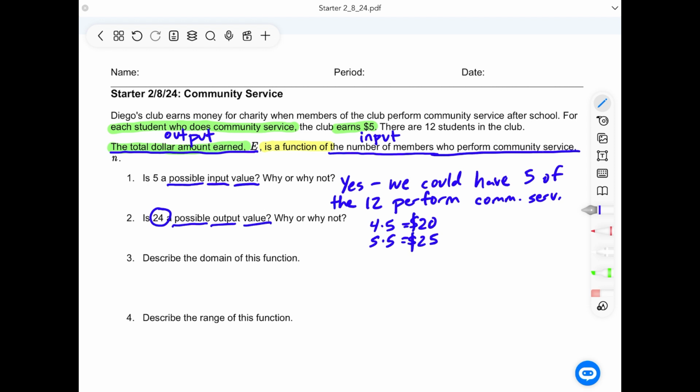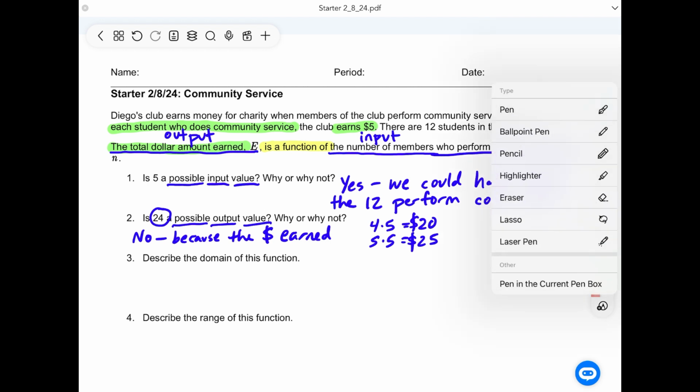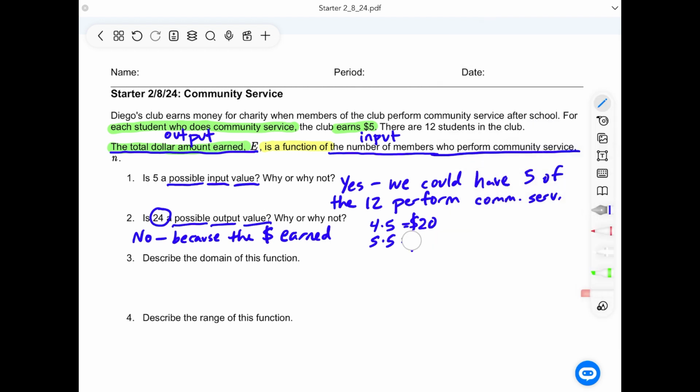There's no way I can use $5 increments and get to 24. So we're going to say in this problem, no, 24 is not a possible output value. Why? Because the money earned must be a multiple of $5.